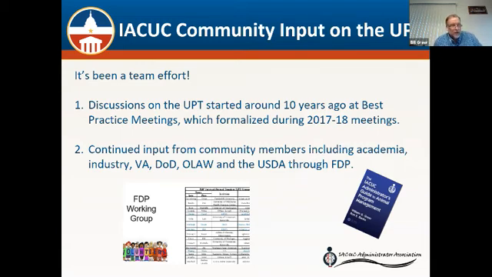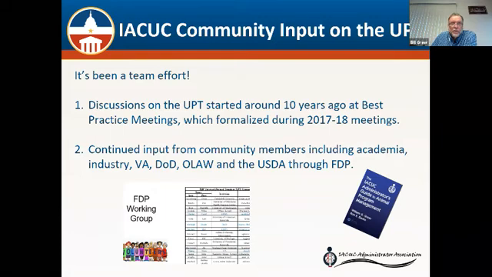We used the document that OLAW had on its website as a resource, and we spent meeting time in 2017 and 2018 to go through the existing document. We used it to identify particular questions that are absolutely necessary for IACUCs to do their job, and other questions that may be covered somewhere else.